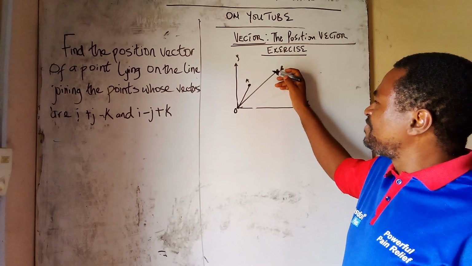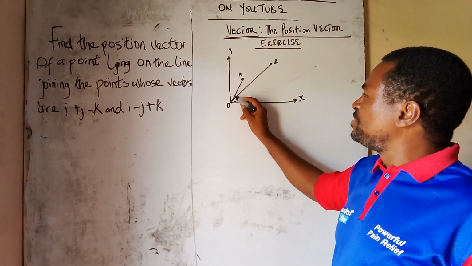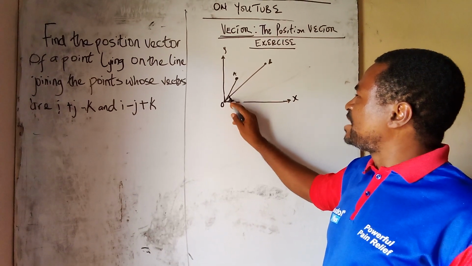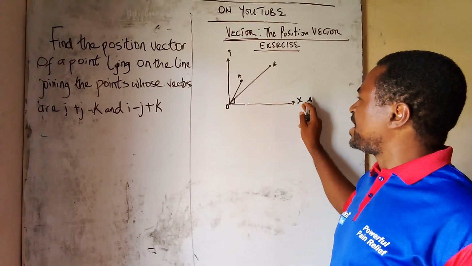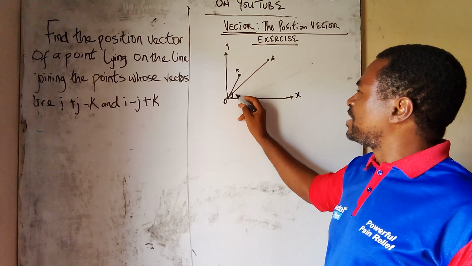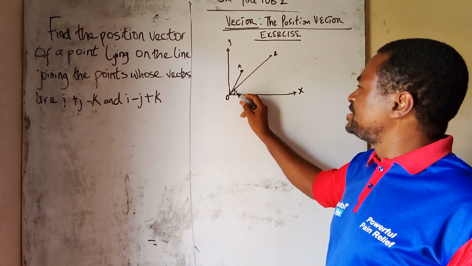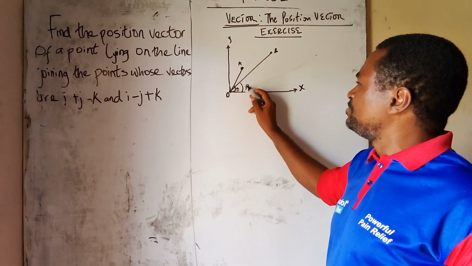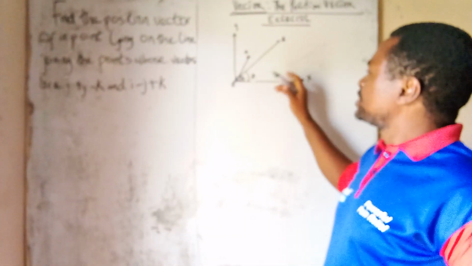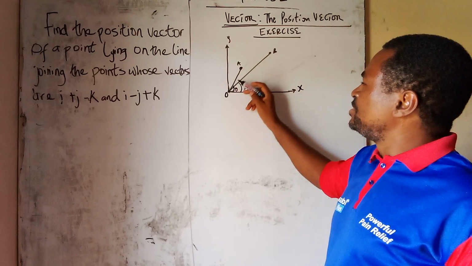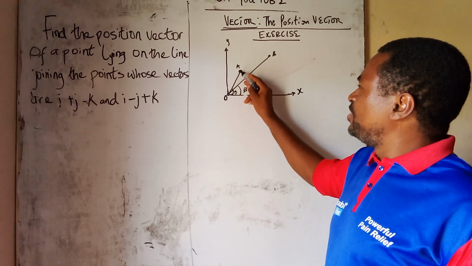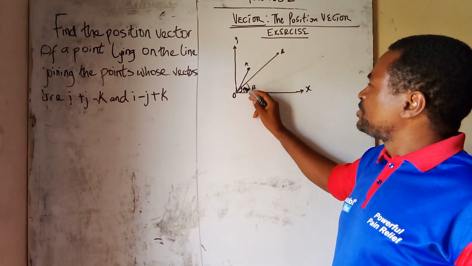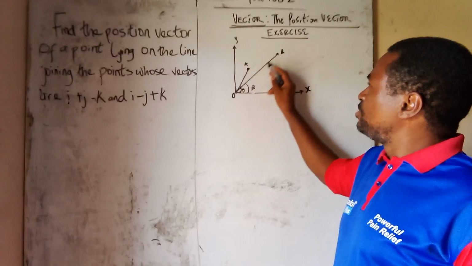And we should also have it at the back of our mind that each vector is oriented at a certain angle with respect to the x-axis. So this vector A, we can say, is at an angle theta to the x-axis, and vector B is at angle beta to the x-axis. So to locate point A, we use the vector OA. To locate the point B, we use the vector OB.